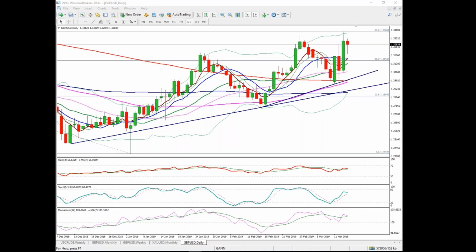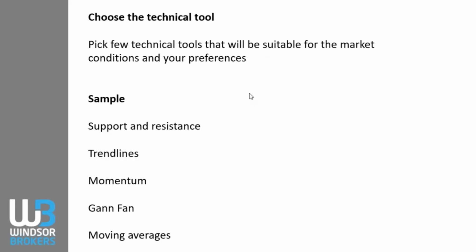Let's go back to our chart, to our main screen, just to see our chart. Pardon. So you need to choose the technical tool. A few of them will give the best opportunity. These are my preferences, what you have seen on the screen, and each trader has his own.